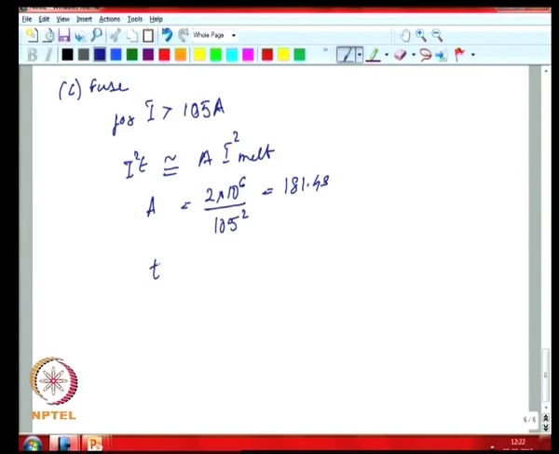So, your T melt as a function of current is... plus a definite time of 100 milliseconds.